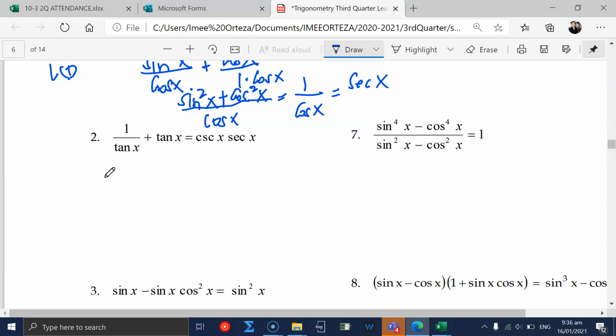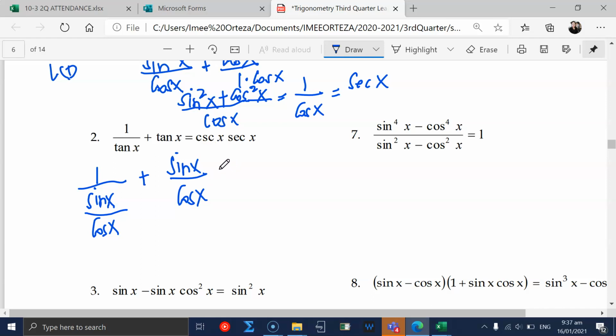So, this is 1 over, changing the tangent to its quotient identity, sine x over cosine x, plus the tangent turning into sine x over cosine x. Now, the left side, I'm choosing the left side as the more complicated one, maybe because there is a fraction. That's why I'm working on it.